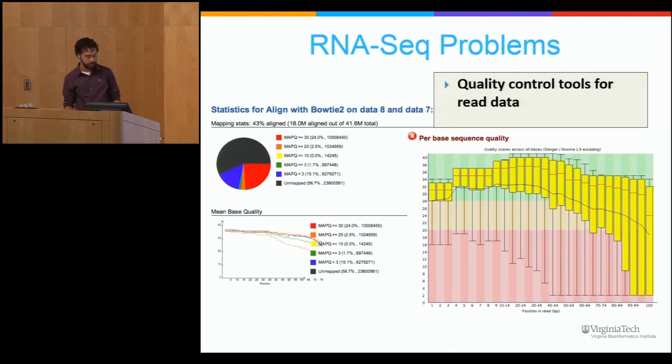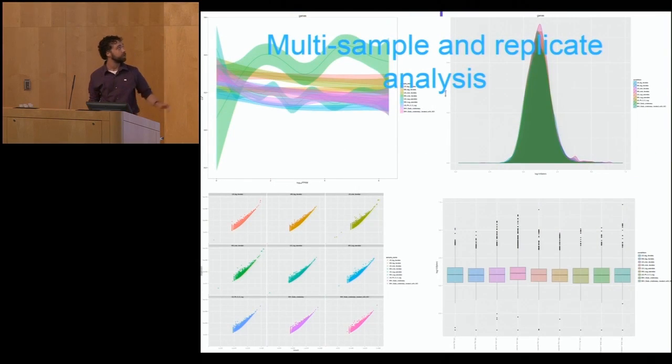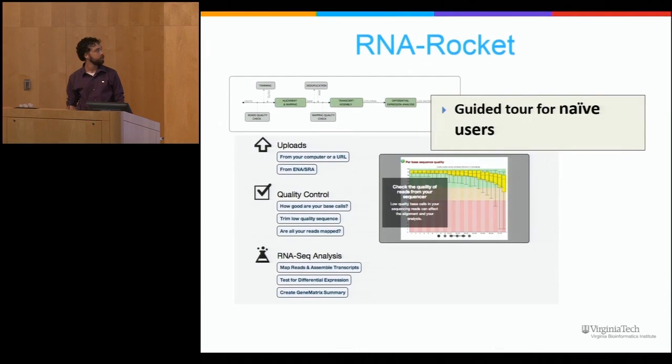So we try to make users aware of this. Also, when you're doing differential expression analysis, if you do have replicate structure, you need to make sure that your replicates are in somewhat of agreement, because if they're wildly disagreeing with each other, unless you look at it, you're kind of missing the point of doing a replicate.